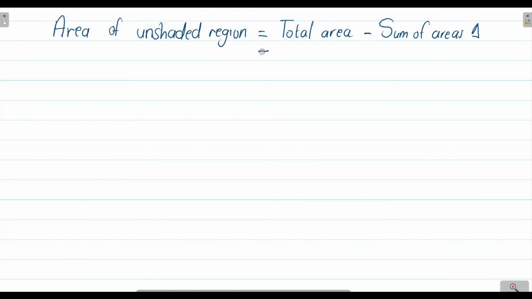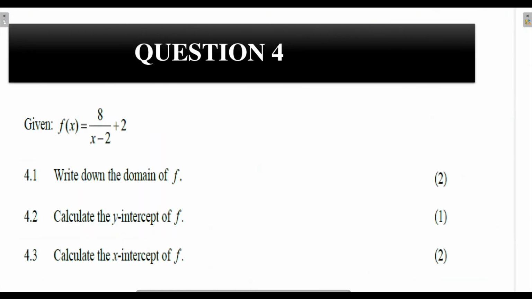We found that the total area of the board is 2,704, minus the sum of the areas of all the triangles, which we found to be 702. Therefore, the area of the unshaded region is equal to 2,002 units squared.